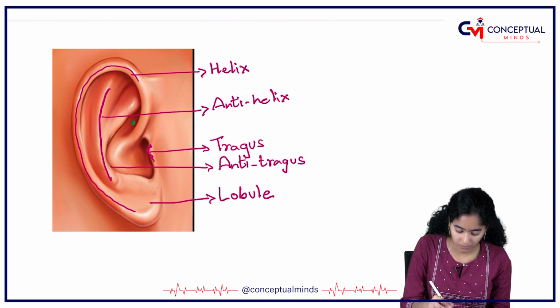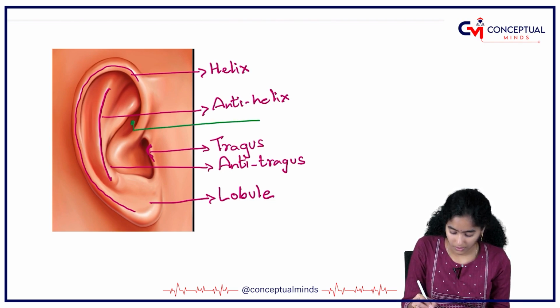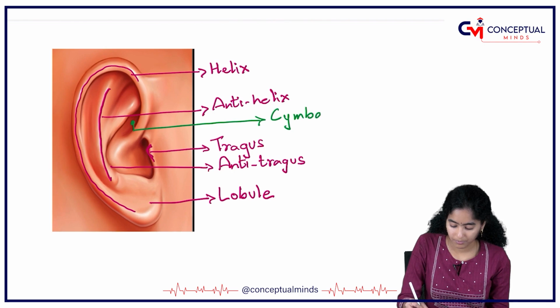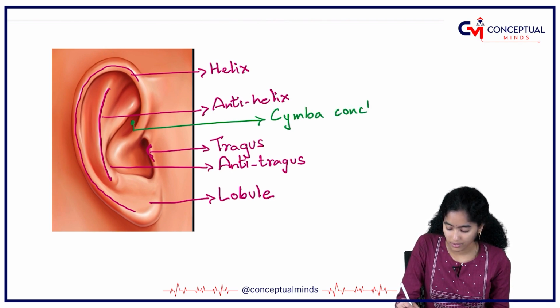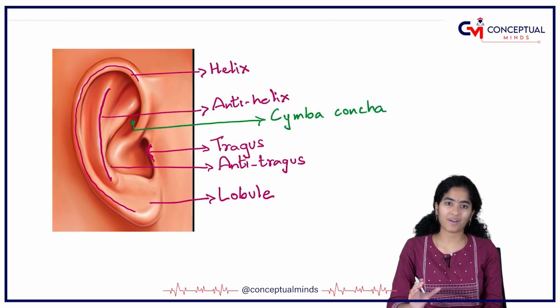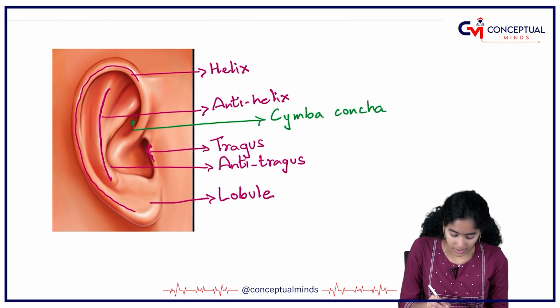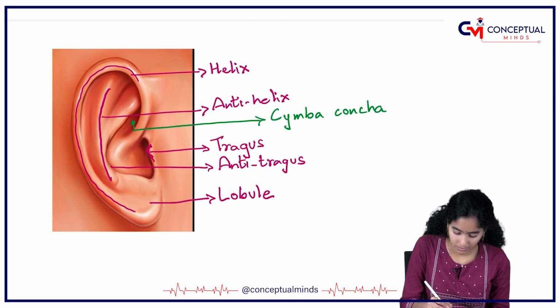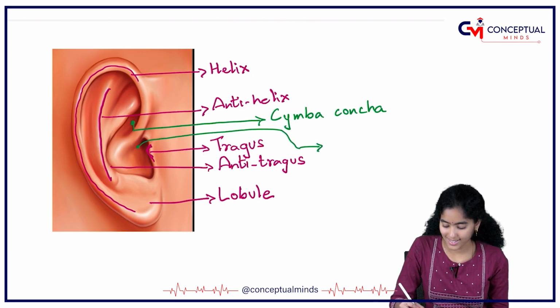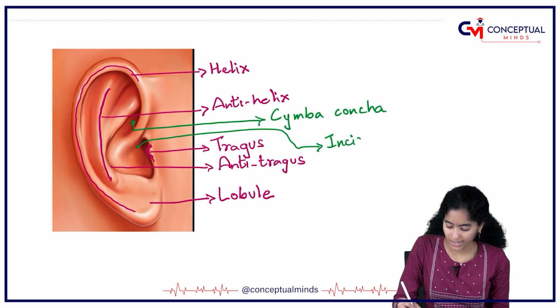This part over here is called the concha. This is an important structure because the concha is a landmark for the mastoid antrum while performing surgeries. There's another part here. This is called the incisura terminalis.